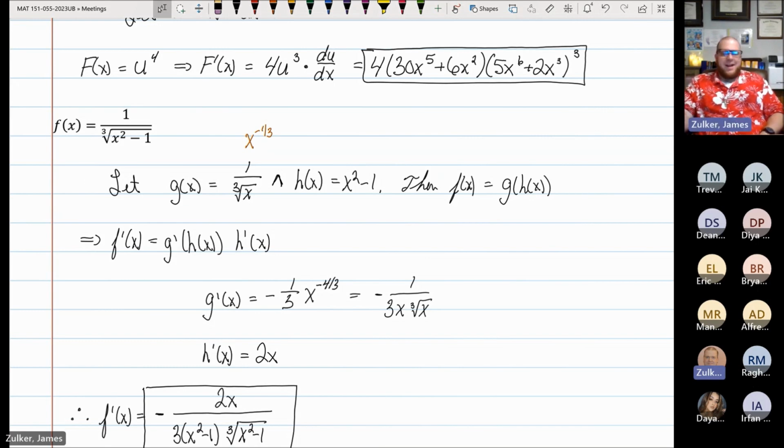Now, generally speaking, I do chain rule in my head. I can't really show you what's going on in my head, so I'll use this next problem to explain my thought process the way I do it.